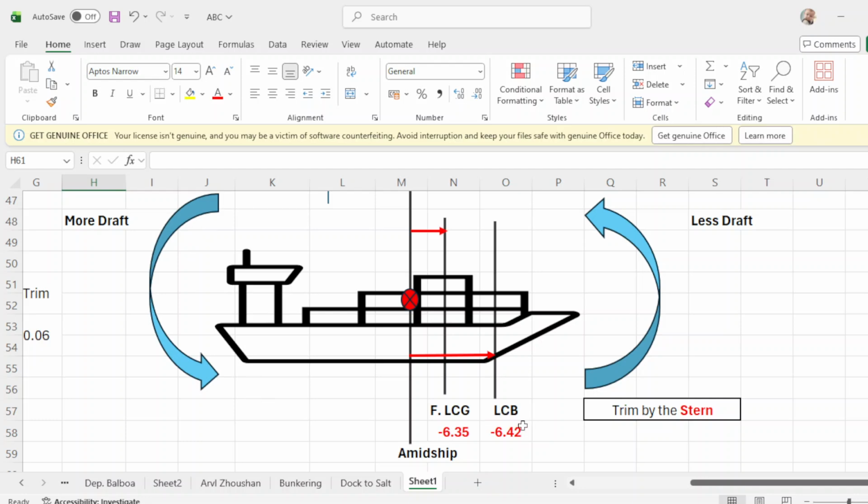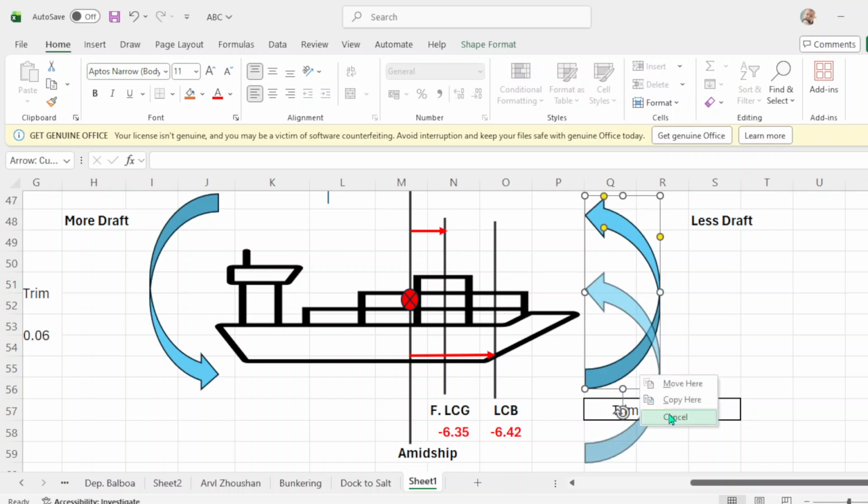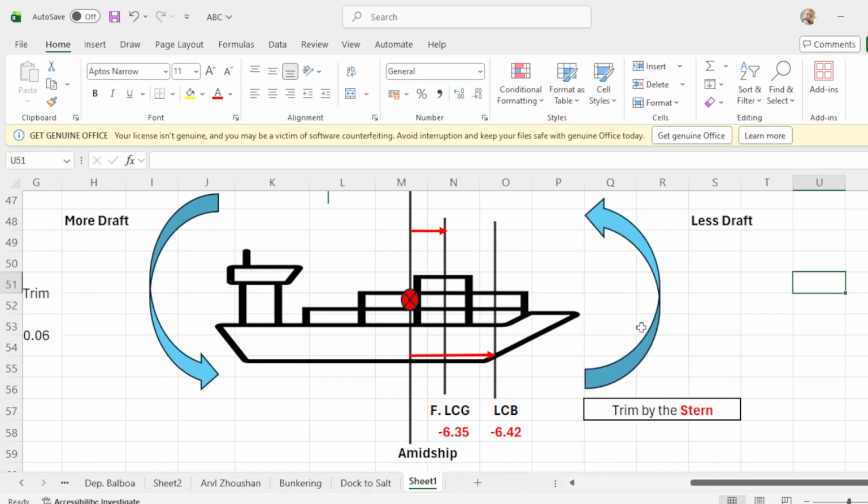But when you speak of the buoyancy, it means the water pushing the vessel upward. When you speak of buoyancy, since she is in the forward part of your midship or forward of your final LCG, the tendency of this buoyancy of water is to push the forward part upward. That's why you have an arrow here going upward. So if this goes upward, this one goes downward.